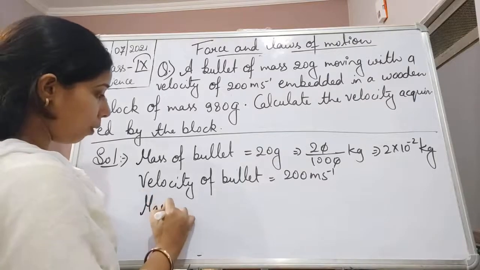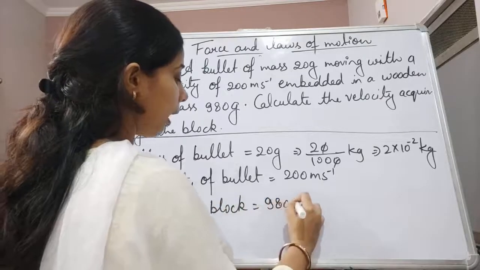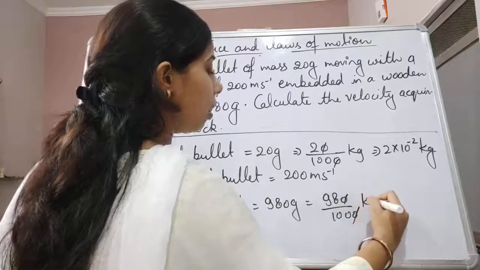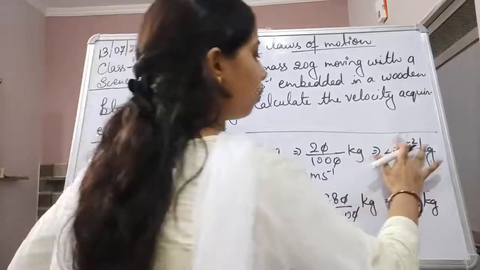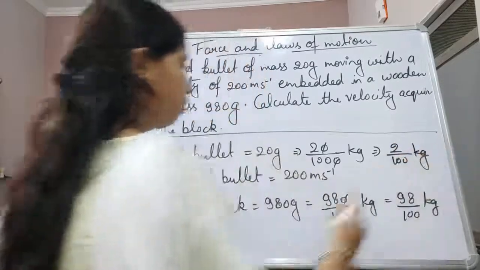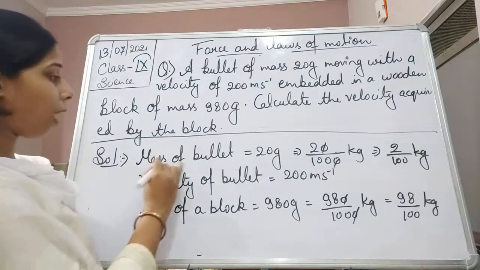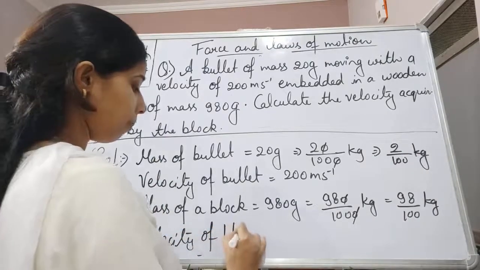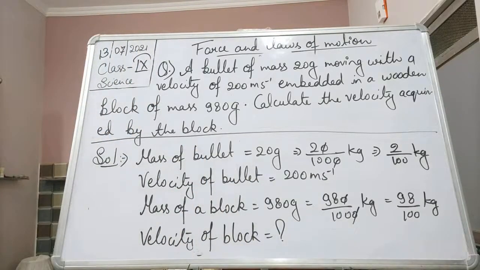So the mass of the block is 980 grams, which is equal to 980 upon 1000 kg, that is 98 upon 100 kg. And what we have to find is the velocity acquired by the block. So the velocity of the block is unknown to us, and this we have to find. These are the things which are given and we have to find.